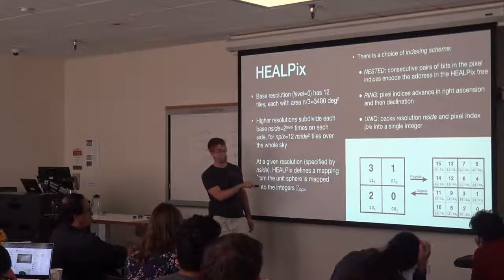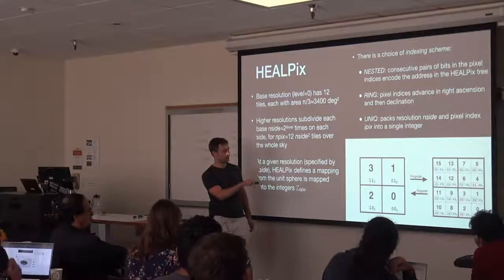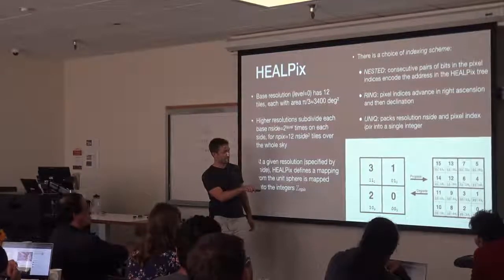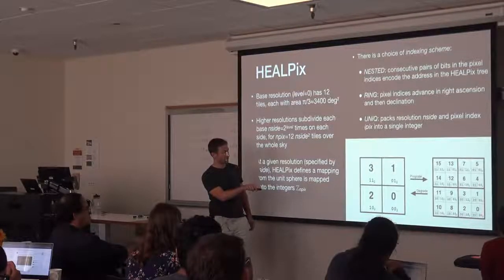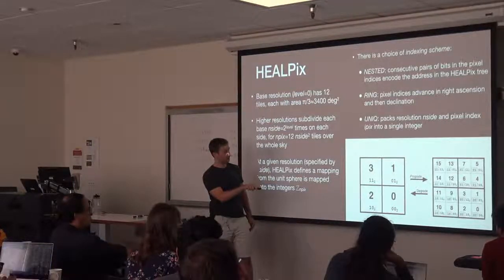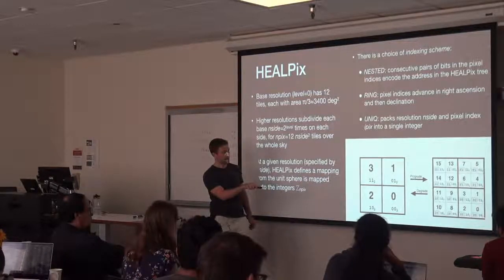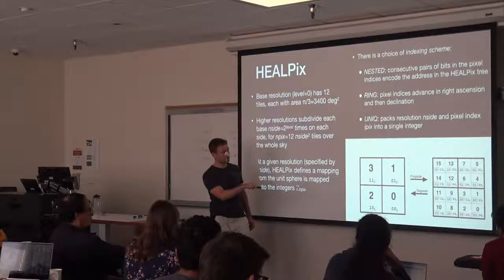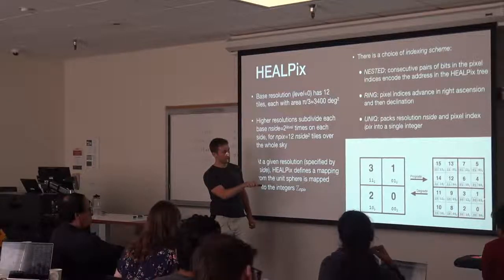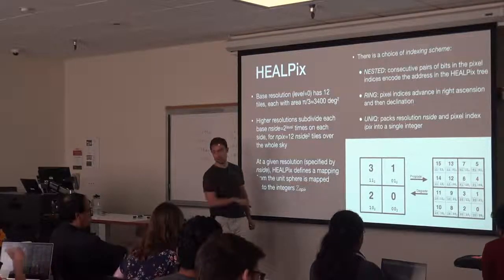If I subdivide that one level further, then I get all of these daughter pixels, 0, 1, 2, 3, 4, 5, 6, 7. So notice this tile here was tile 0. So the 2 most significant bits of its pixel address are the binary representation of its base pixel index, and then the 2 least significant bits are the index of the daughter pixel.